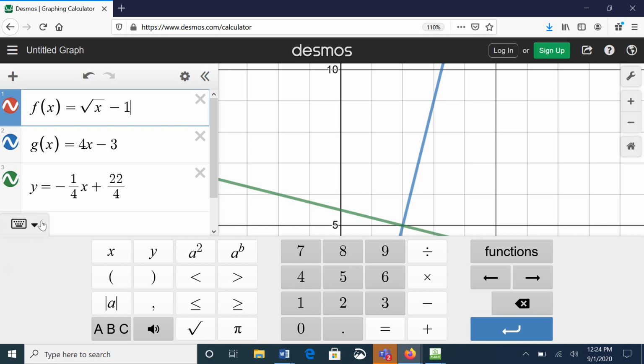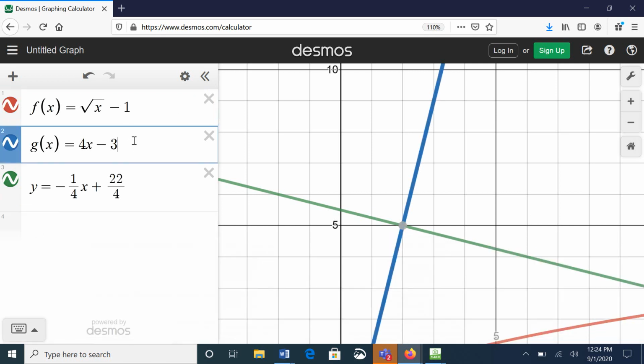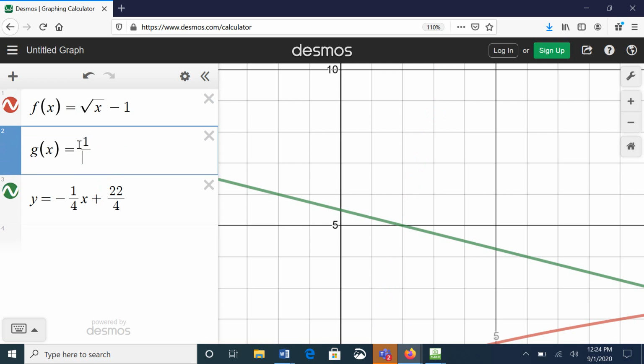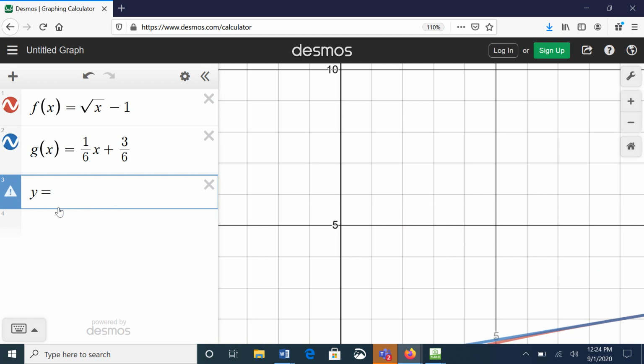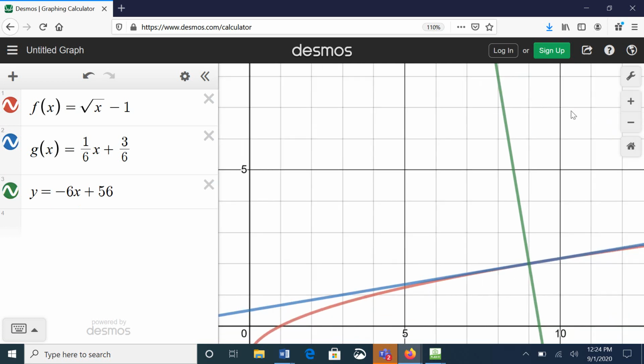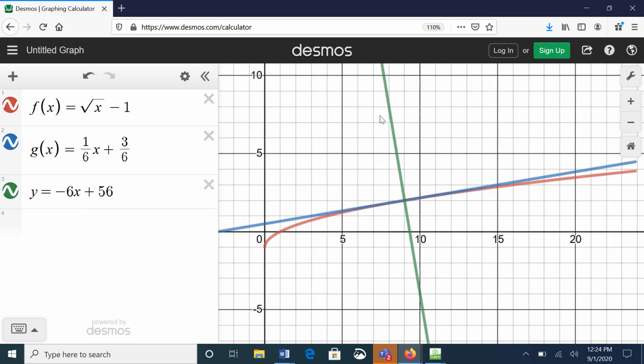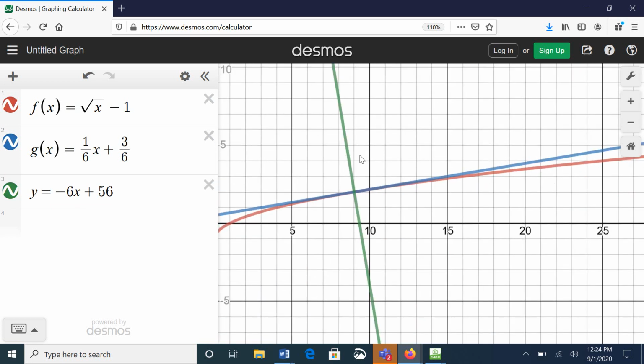And then our tangent is 1 over 6x plus 3 over 6. And then the equation of our normal is negative 6x plus 56. There we have it. In red is our original function, the blue is the tangent, and the green is the normal.